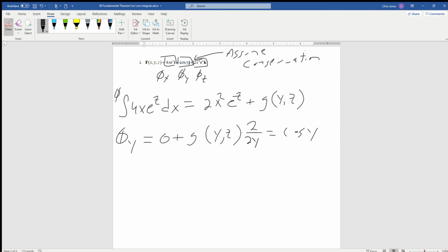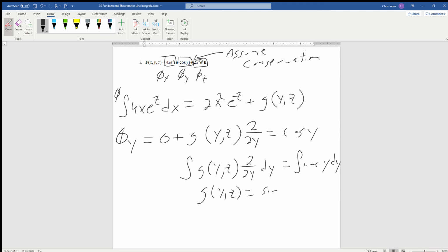Well, that means that if we integrate both sides with respect to y, the partial of g with respect to y, dy, is going to be equal to the integral of cos y, dy. And that means that g of y, z is going to be equal to sine of y. So we're going to hold on to sine of y because we need that as part of our solution.